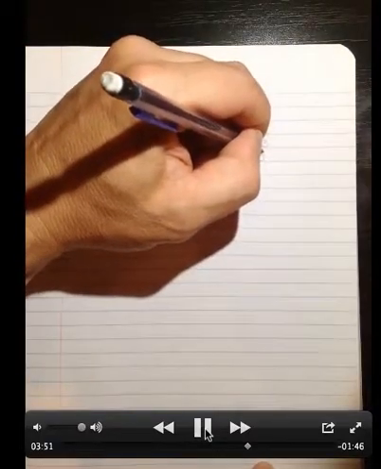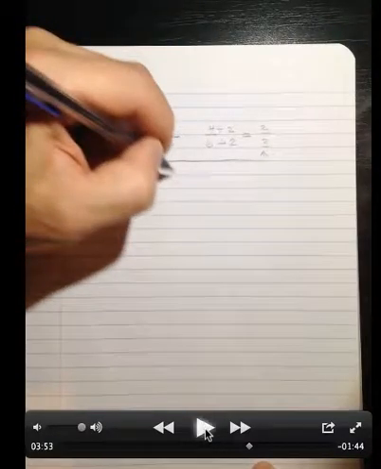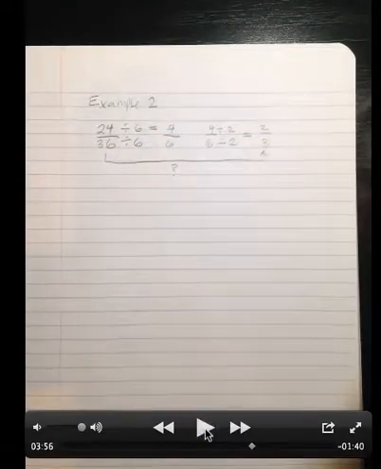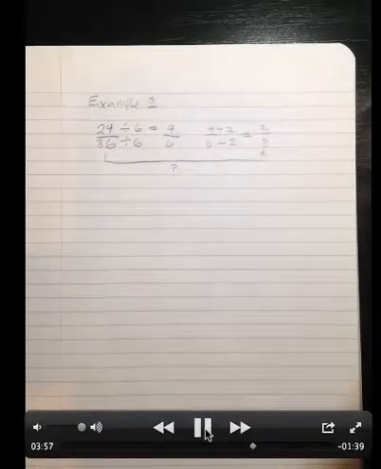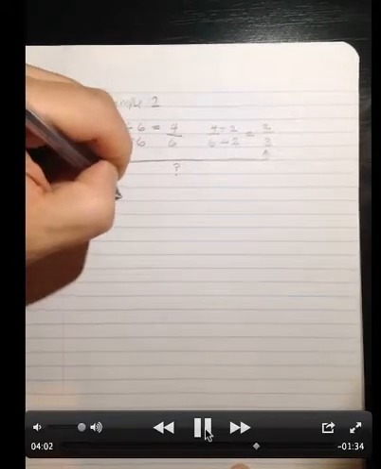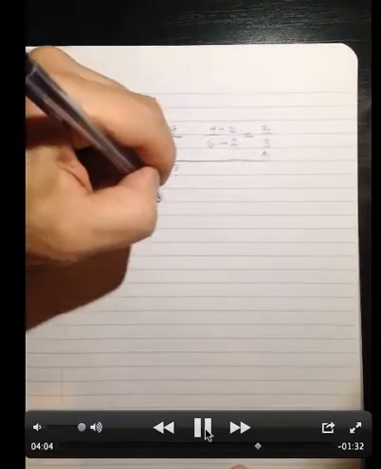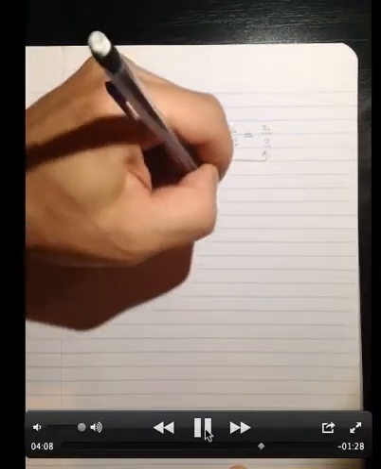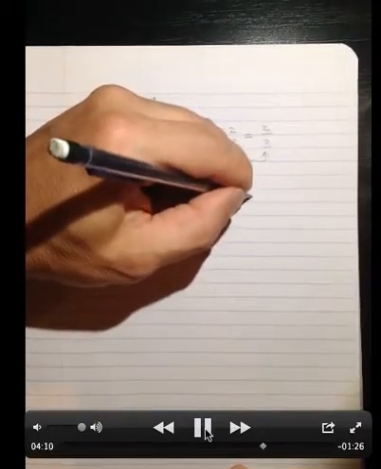So the question is, how can we go straight from 24/36 to 2/3? And the answer is using the greatest common factor between the numerator and the denominator, also known as the GCF, the greatest common factor.